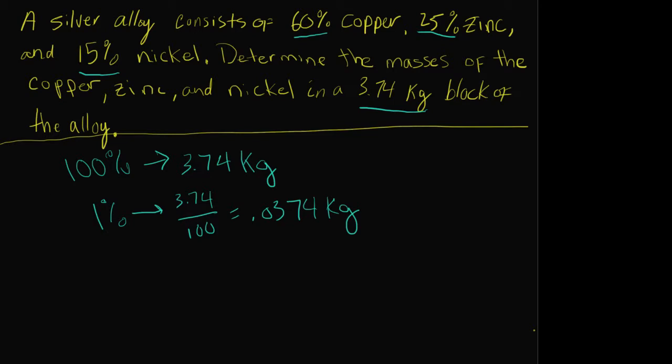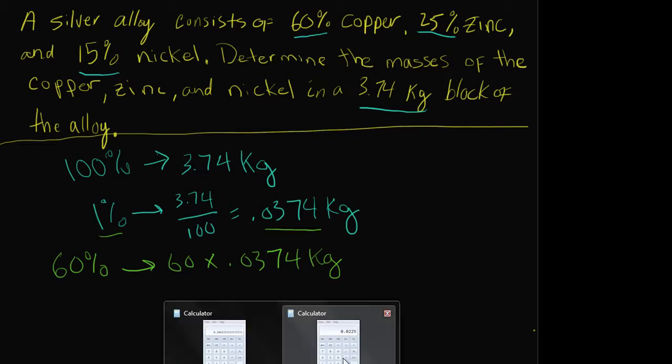So one sec, let me find my pen here. Okay. So for instance, let's say we're doing copper first. Copper is 60%. Well, all you have to do, if 1% is this, then 60% is this times 60, right? So it's going to be 60 times 0.0374 kilograms. And we will use the calculator.